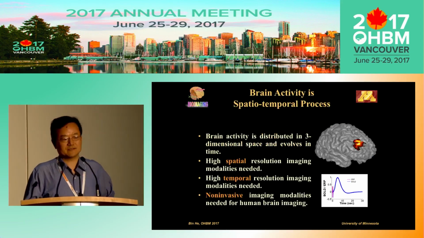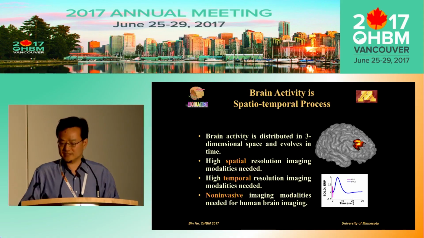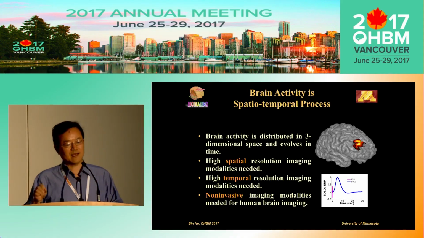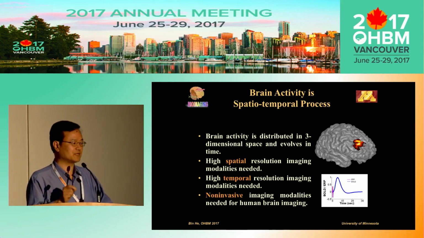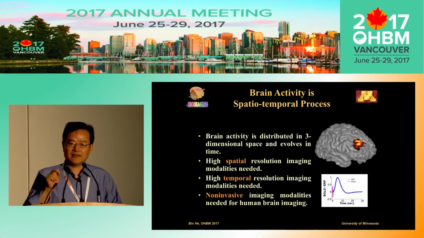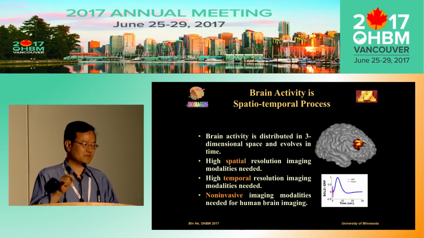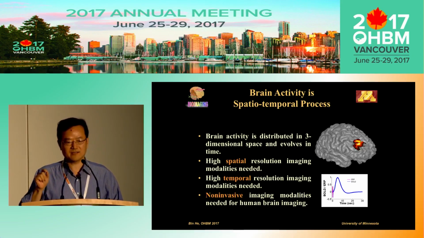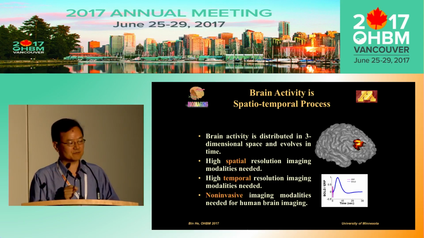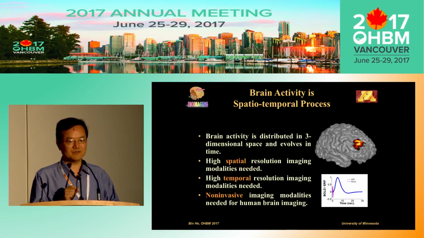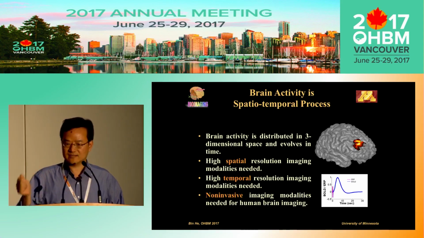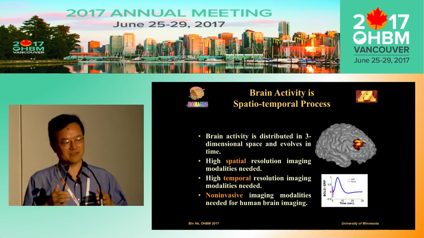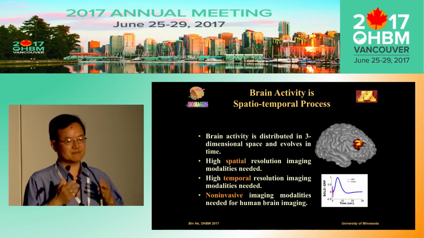So this slide is just a general background illustration, to repeat some of the things from the previous two speakers: our brain activity is a spatial temporal process. If you look at the spatial distribution, then functional MRI is going to give you very good spatial resolution. But if you want to see the dynamics, as Christoph just showed beautifully, the temporal dynamics, fMRI is not there yet.